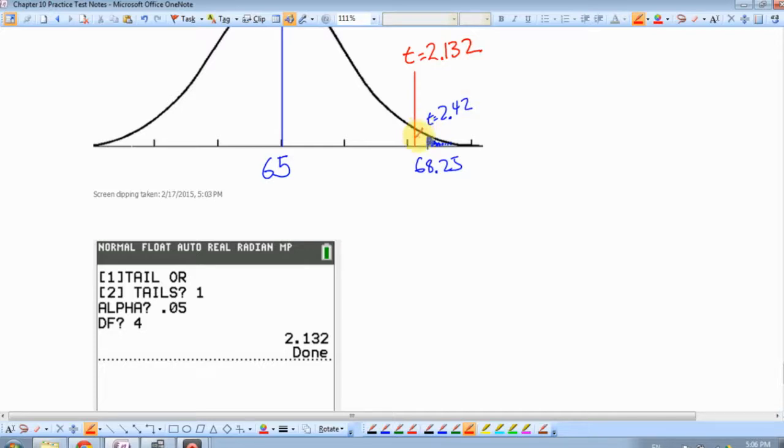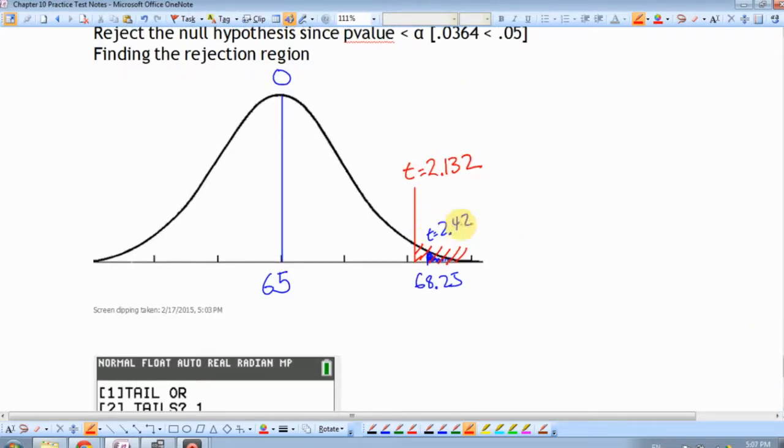All of this is my rejection region. So this is a nice way of seeing that the test statistic from my sample, 2.42, is bigger than 2.132. Therefore, we reject. The rejection region is everything where t is greater than 2.132.